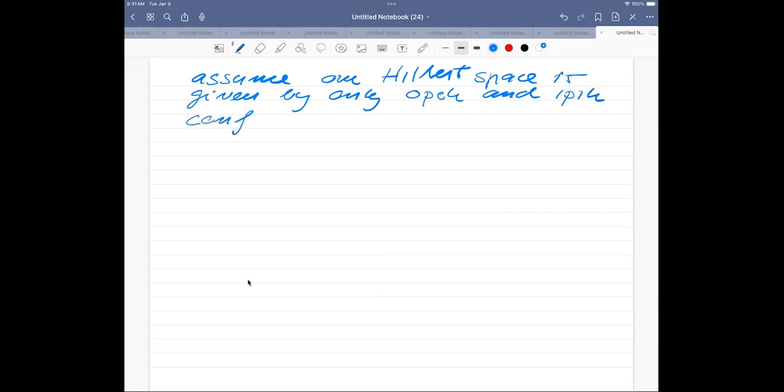So these are the only possible states which we can make in our many-body problem.